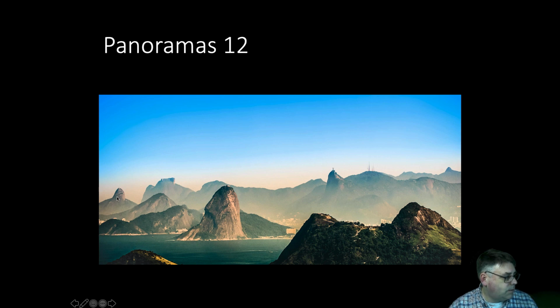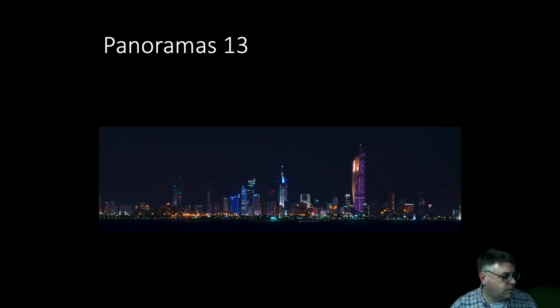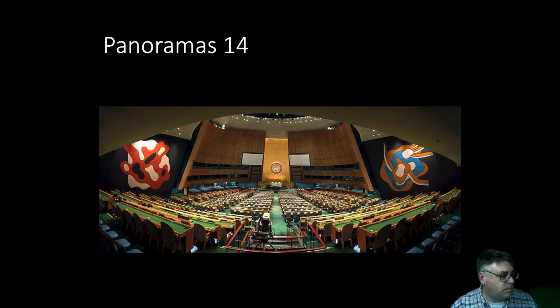Sugarloaf here. And like things like this, you'd start needing to use that panoramic head and find your nodal point on the lens because you're getting pretty close. And to have a consistent line throughout here, that becomes really hard.